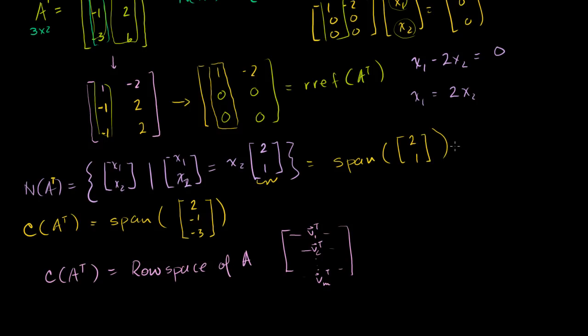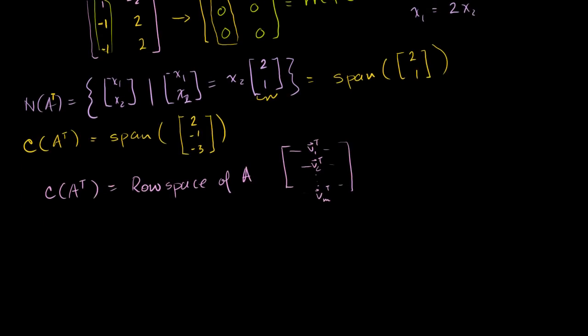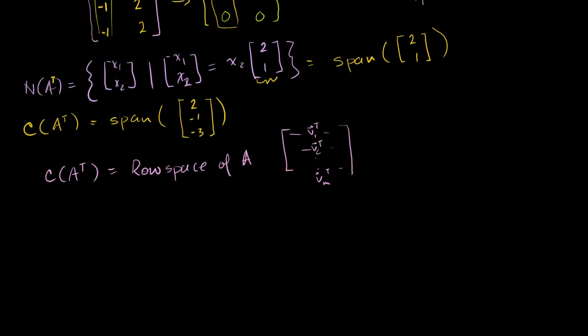Now, the null space of our transpose, let's write it like this. It was all of the vectors x that satisfied this equation, equals the 0 vector right there. Now, what happens if we take the transpose of both sides of this equation?